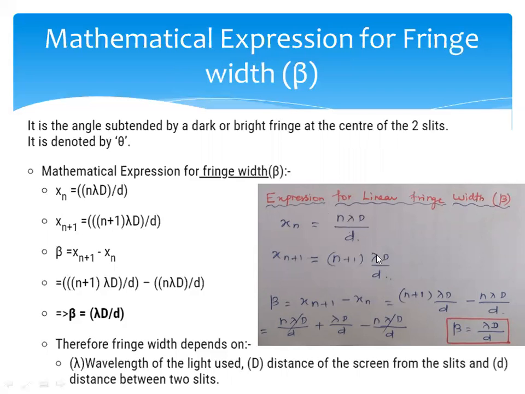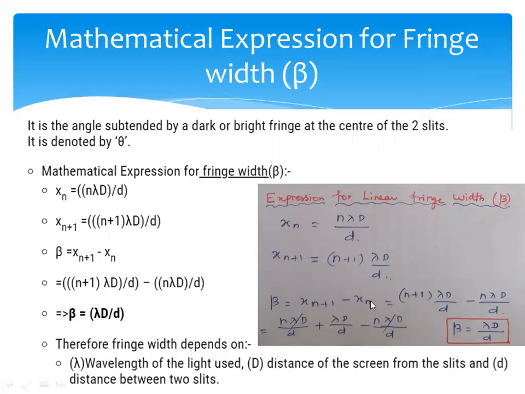We want to find the fringe width, which is the difference between these two, the consecutive distance between the dark and bright fringes. So beta is the fringe width. Fringe width is equal to x of n plus 1 minus xn.